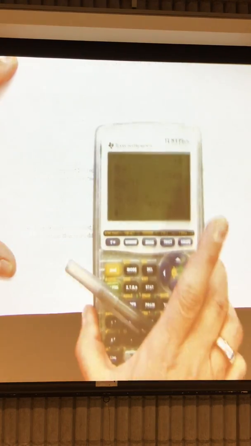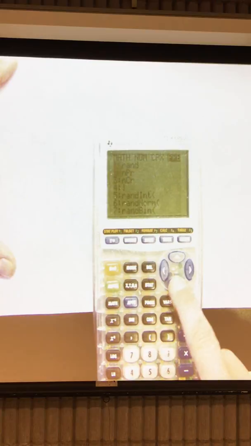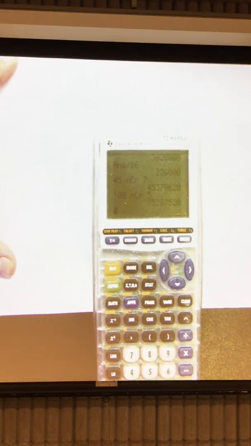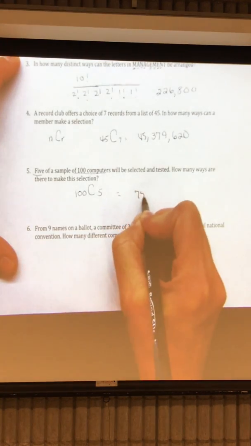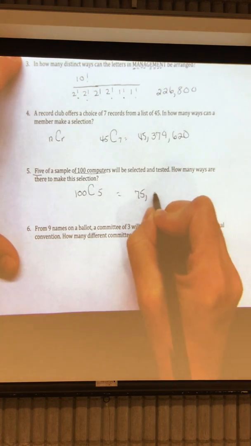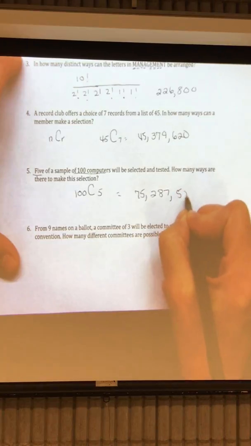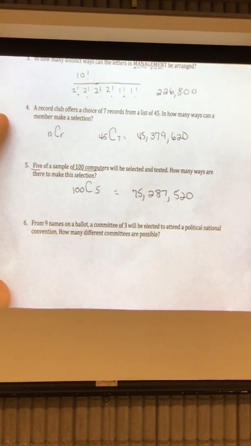So here we're going to use our calculator. 100, math, PRB, combination, 5, enter. And here is your answer, 75,287,520 ways to make the selection.